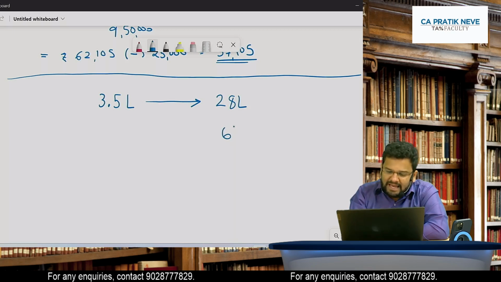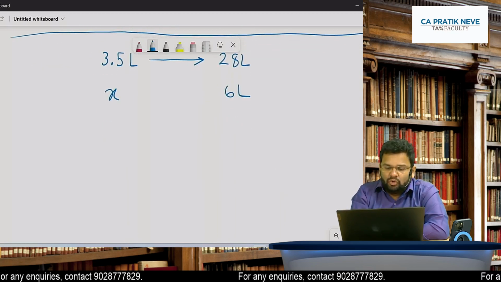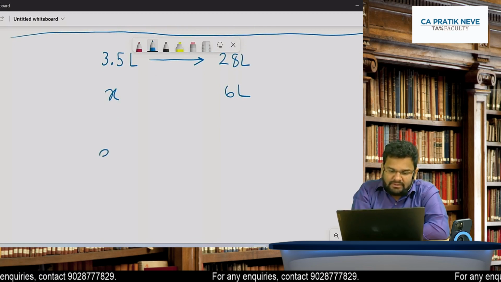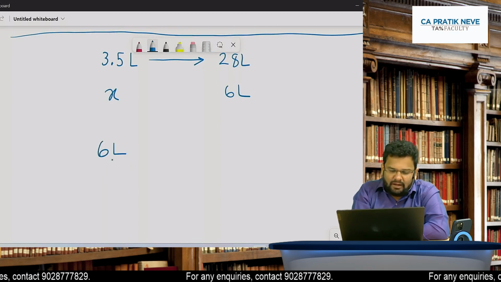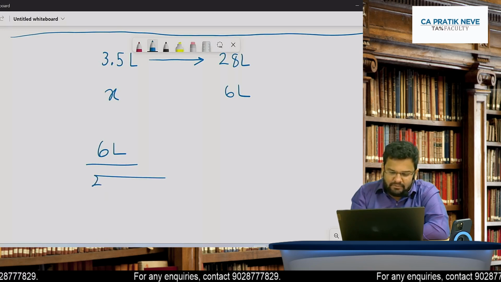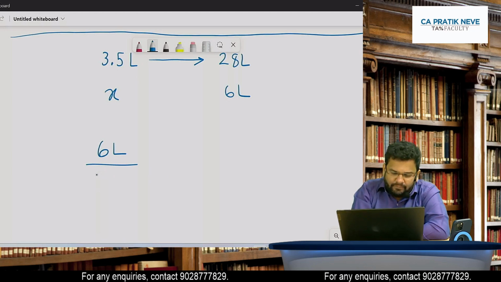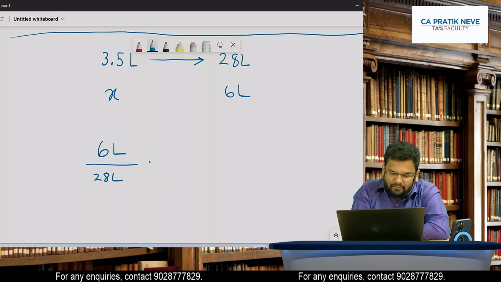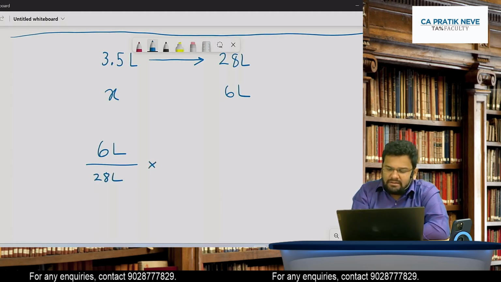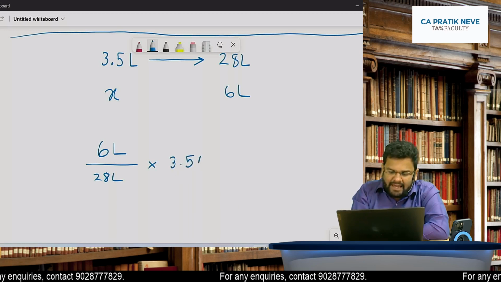So for 6 lakh, how much? So what you do is 6 lakh upon 28 lakh into 3.5 lakh.